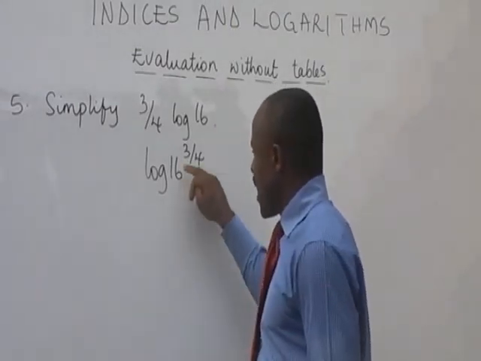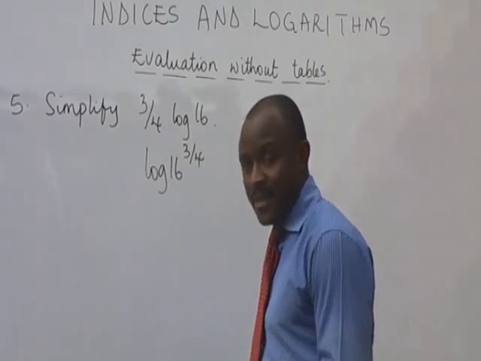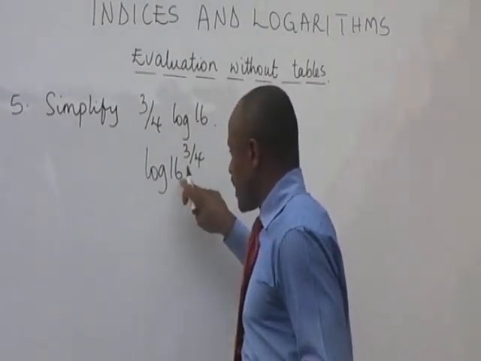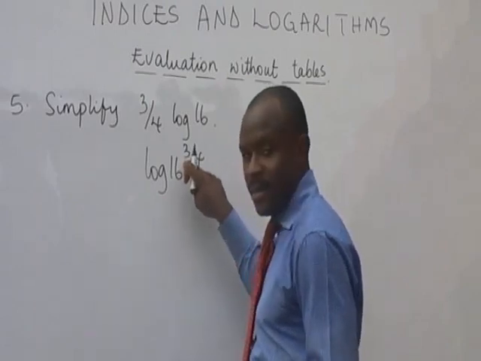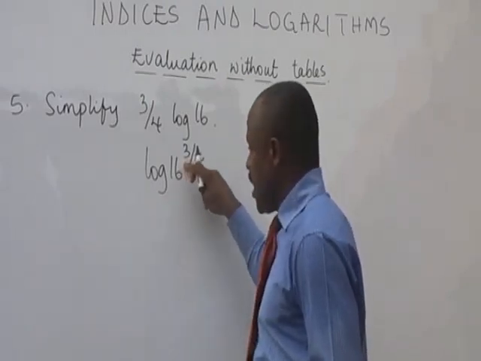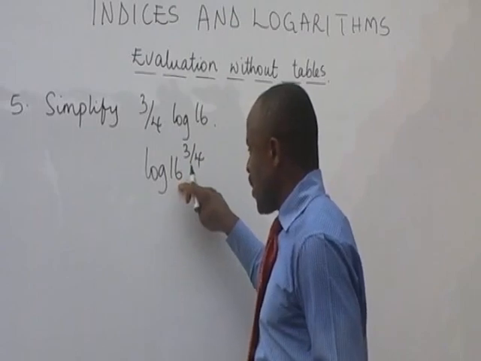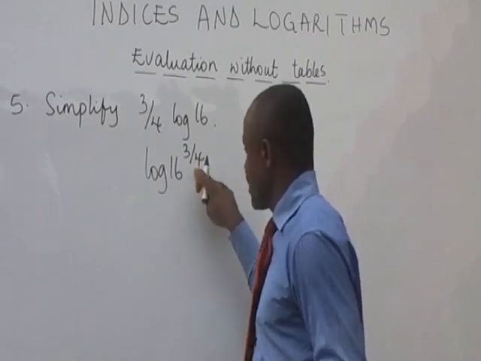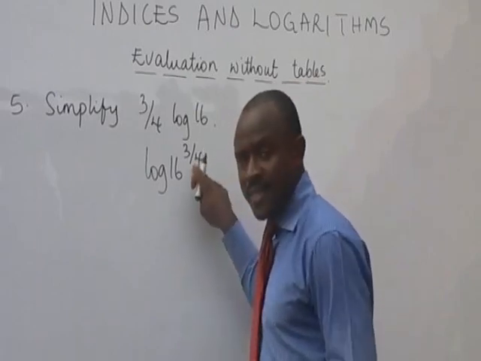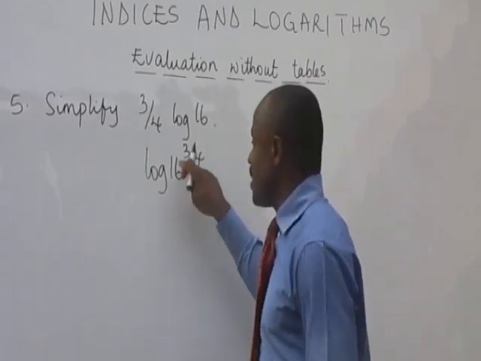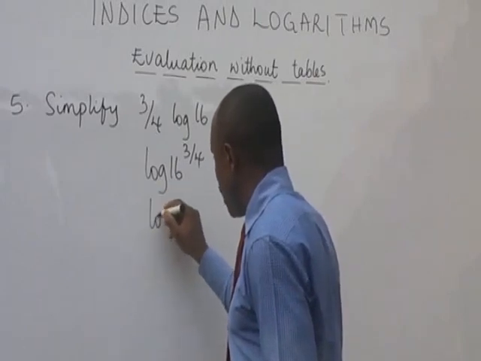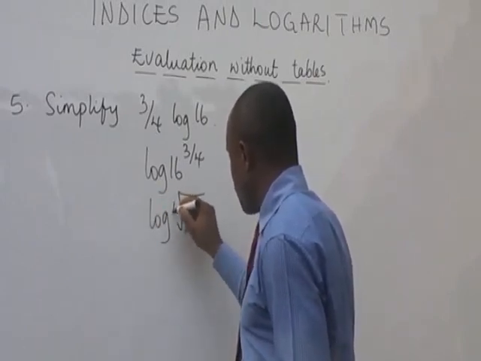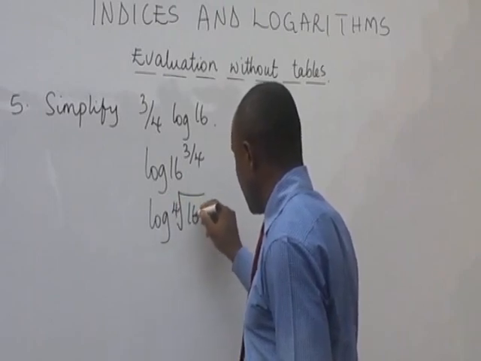16 exponent 3 all over 4 in indices means the 4th root of 16 exponent 3. That means this means log of the 4th root of 16 exponent 3.